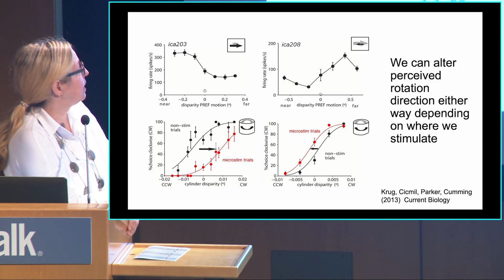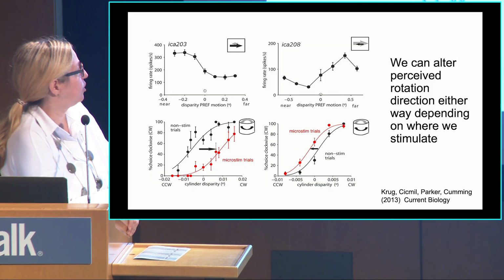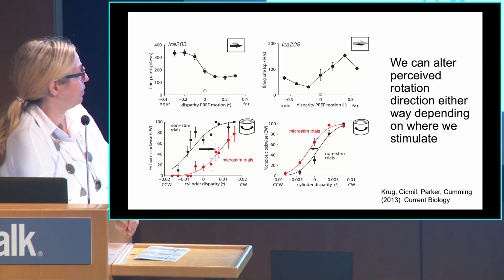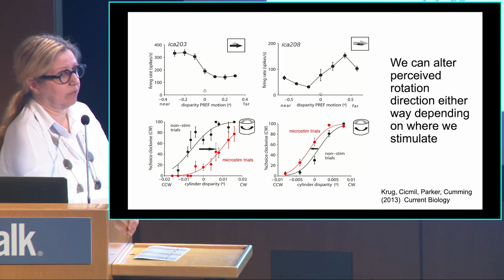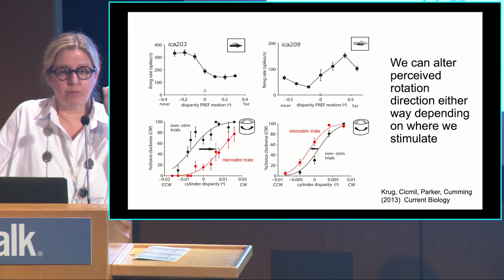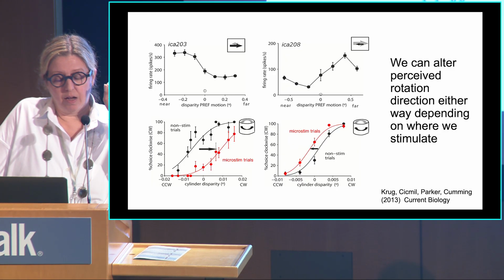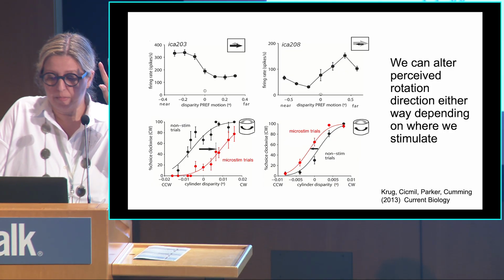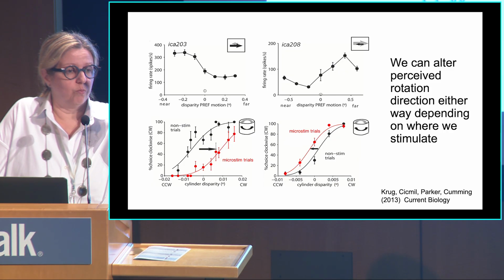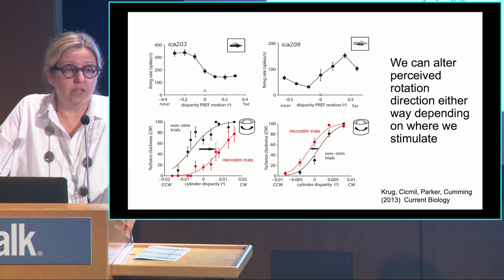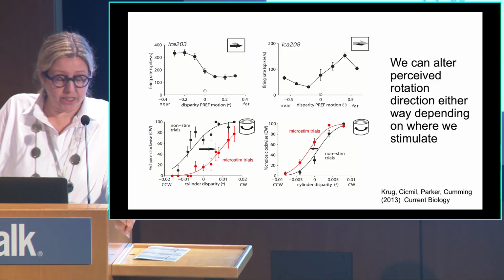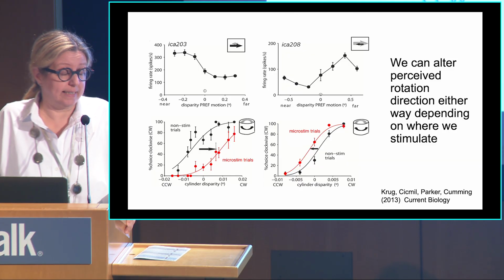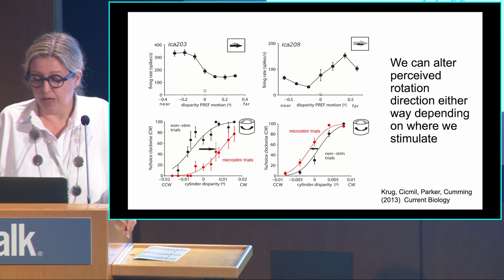This is a different stimulation site which preferred right and far, and electrically stimulating this, you get a shift of the perceptual report in the opposite rotation direction. So we can specifically interact with the representation in V5MT and make the rotation direction one way or another, depending on where we stimulate. And it's predictable from the preference at the site of the multi-unit activity.